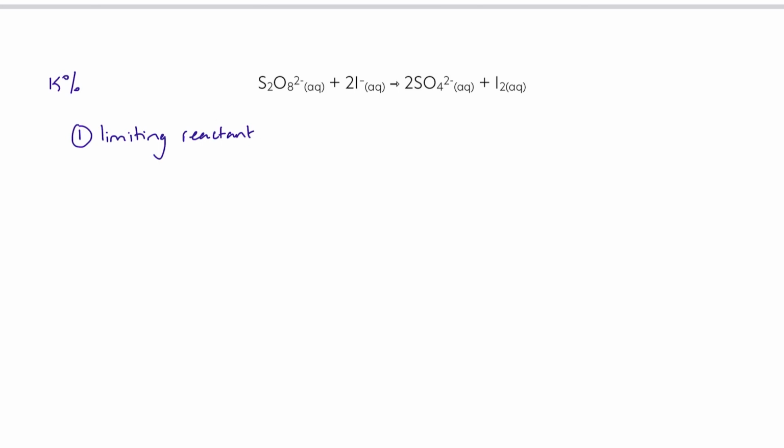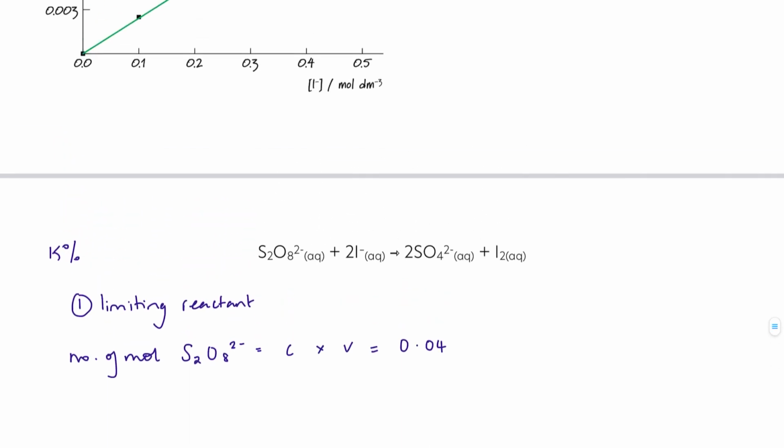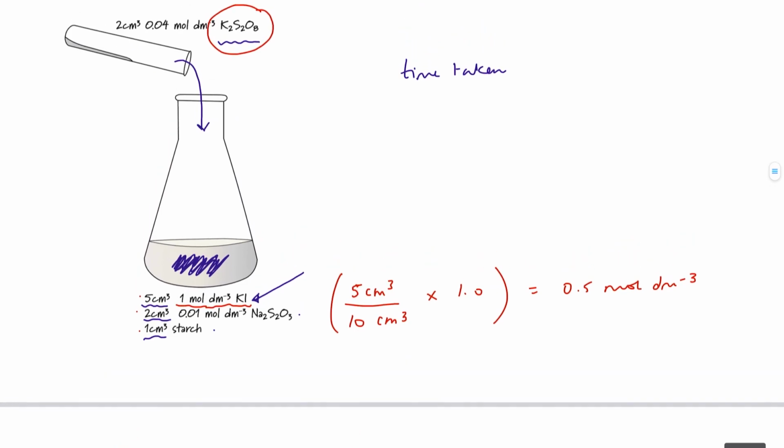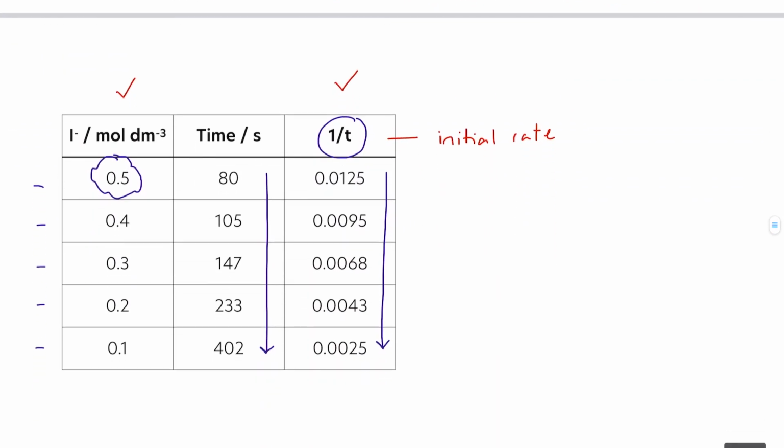Well, to find the number of moles of the peroxide disulfate, it is equal to our concentration times our volume in decimeters cubed. So our concentration, if we go back, was 0.04 mole per decimeter cubed, and this is all on the little picture I have of my method.